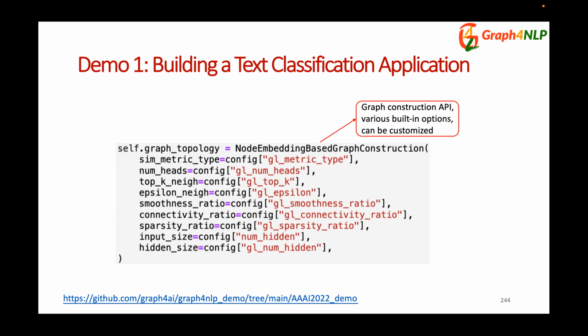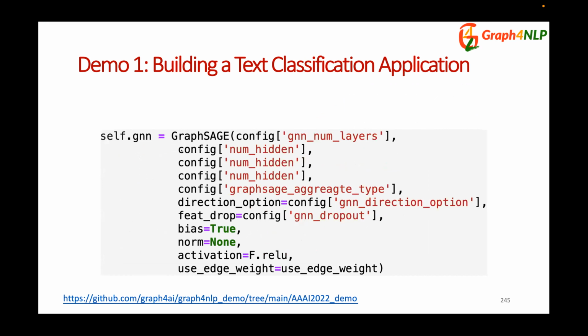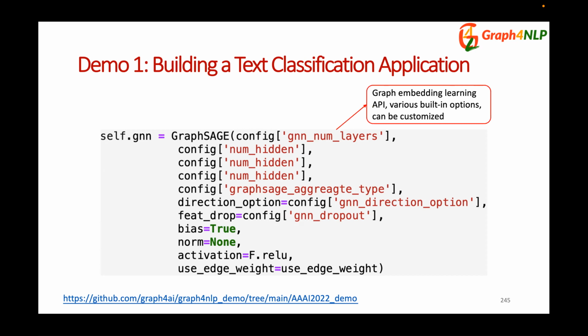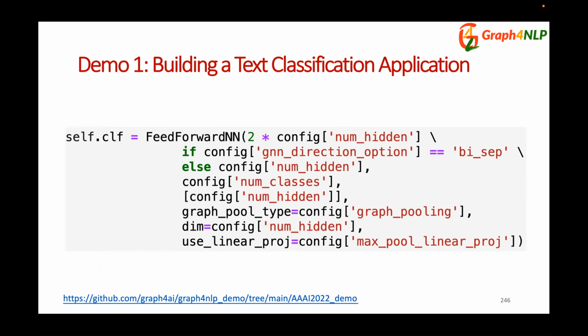This is for how we can call a GraphSAGE API. There are some important parameters here, one of which is the direction option. We can choose to use the bi-sep or bi-fuse versions of the GraphSAGE model. And this is the prediction module.